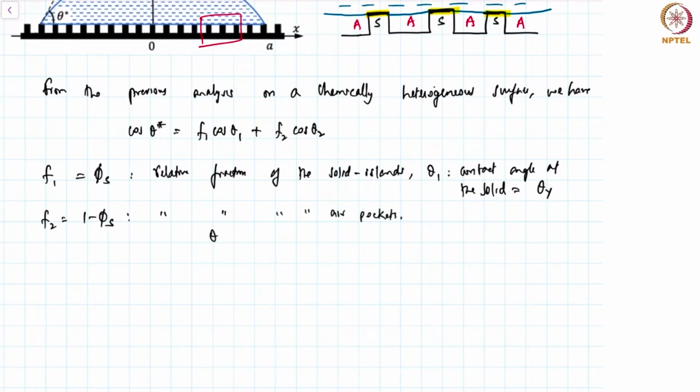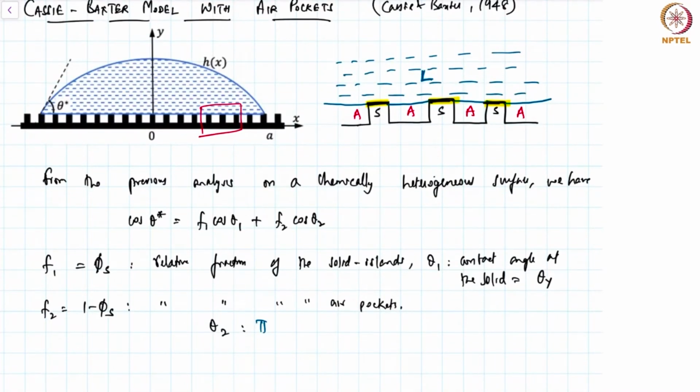And in this case, theta 2, the angle for these air pockets, is the angle that the interface makes with the air pocket, which is basically 180 degrees. Why? Because if you notice here, the interface is smoothly merging with the flat interface on top of the air pockets.